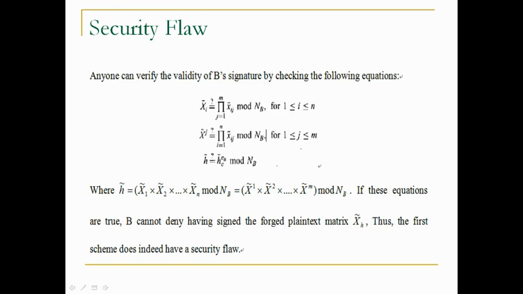That means we can verify the validity of B's signature by checking the following equation. If these equations are true, B cannot deny having signed the forged plaintext matrix XH hash. Thus, the first scheme does indeed have a security flaw.